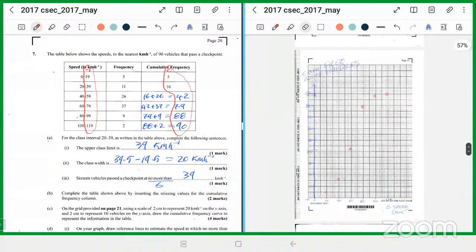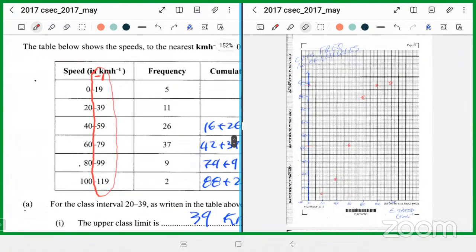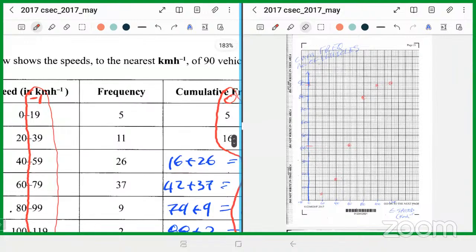See them there? But then I want to bring the graph down to 0 on the x-axis. You must always bring it down to 0. So look at the values again. If these are going up by 20 and you're starting at 19, for the value before 19 you subtract 20, and you get negative 1. So you go to negative 1.